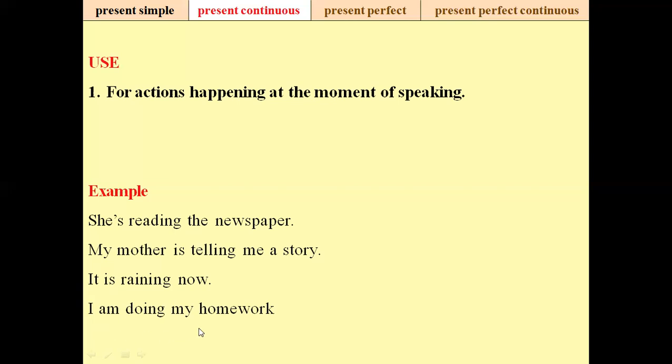It is again happening now while we are speaking, so you use the continuous present tense. Remember that whenever you want to express anything which is happening at the time of speaking, at the present moment, you can use the continuous present tense.